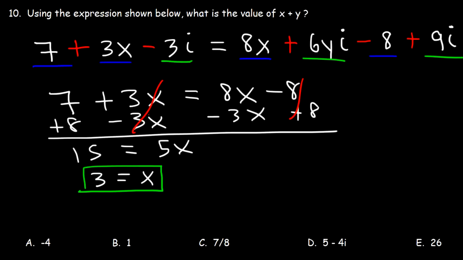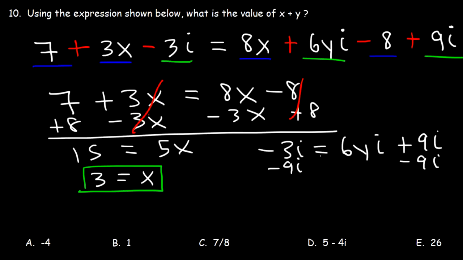Now let's write an equation that only contains imaginary numbers. Negative 3i, highlighted in green, is equal to 6yi plus 9i. So if we subtract both sides by 9i, we can see that negative 12i is equal to 6yi.